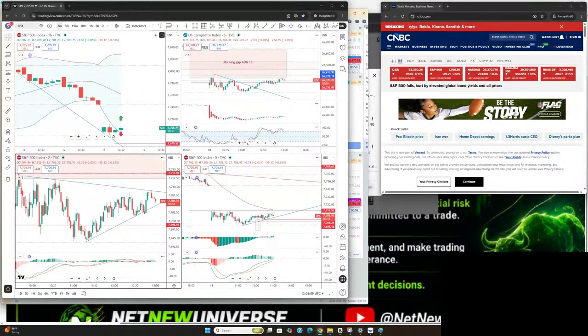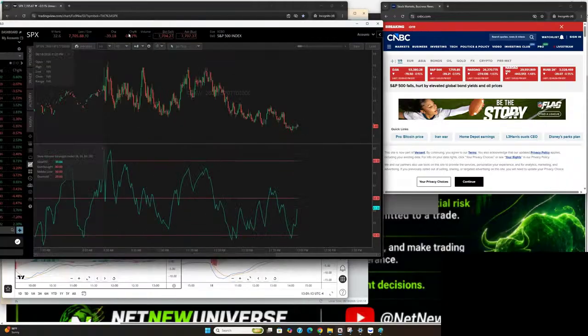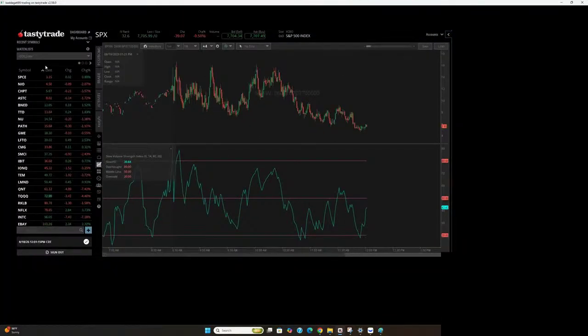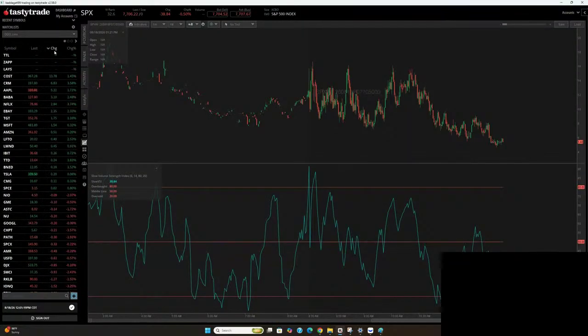Let's look at a couple of other tickers, how they are doing. So let's look at the negative ones. That's SPX. Sorry, the AMD. It was 28 before, now it's 26. Meta is good. So we have a lot of tickers in our favor.